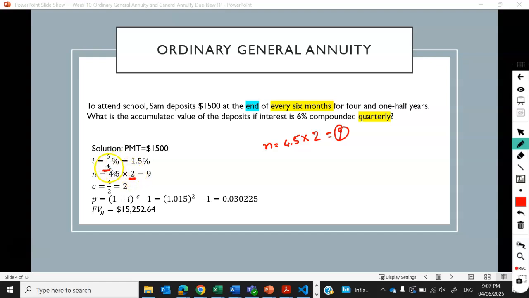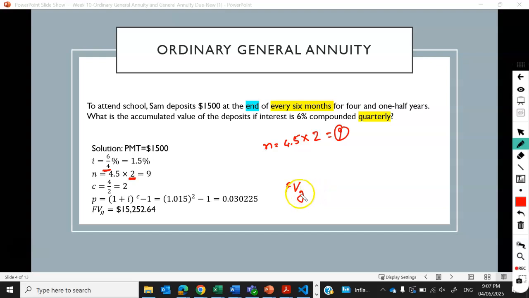Since these two are different, while calculating N, you have to make sure you multiply the years by the number of payments per year, especially in the case of a general annuity. And then you will substitute in the future value formula.